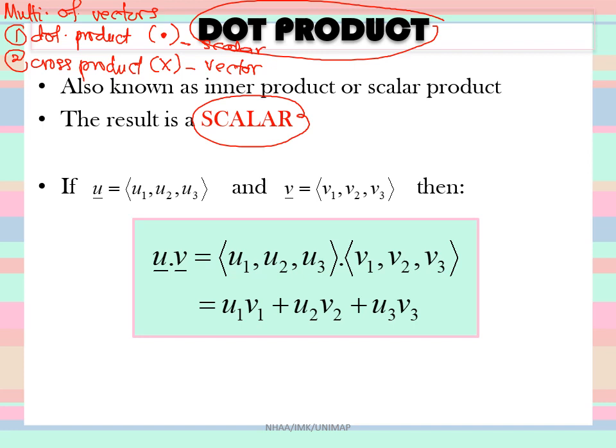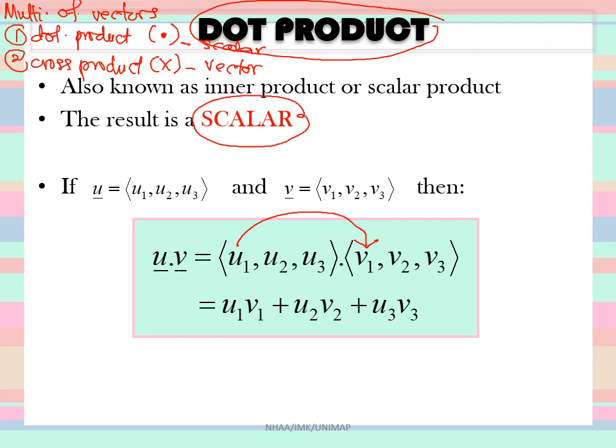So if you perform dot product for vector u and vector v here, it means that you multiply the first component u1 with the first component of your second vector v1.